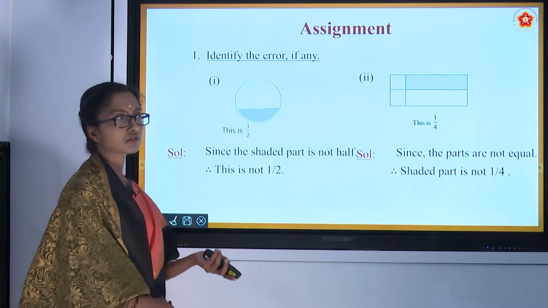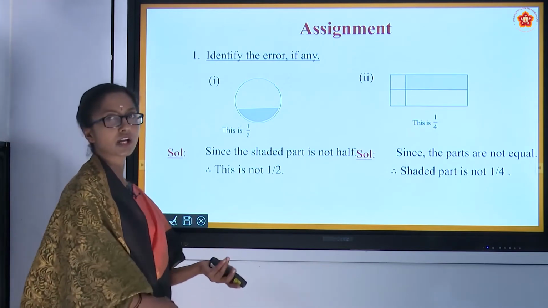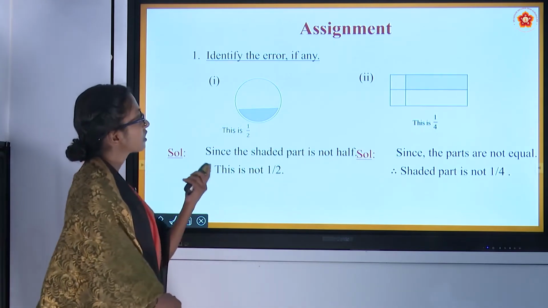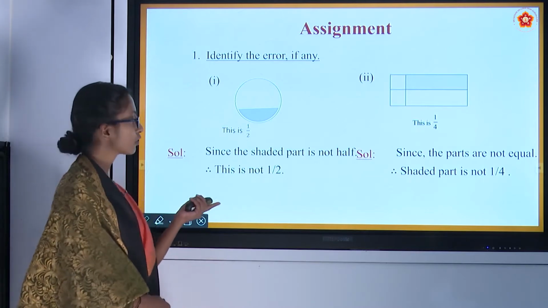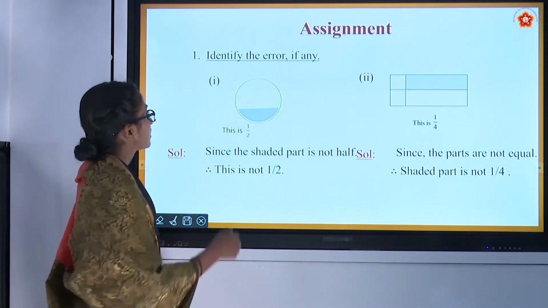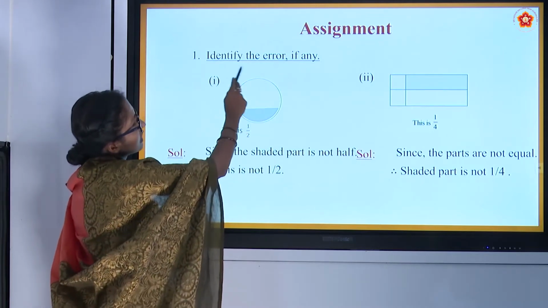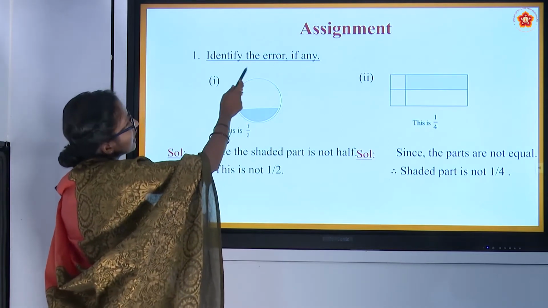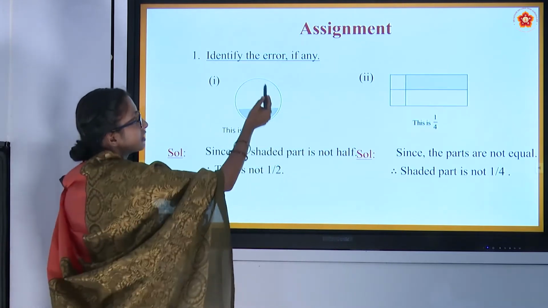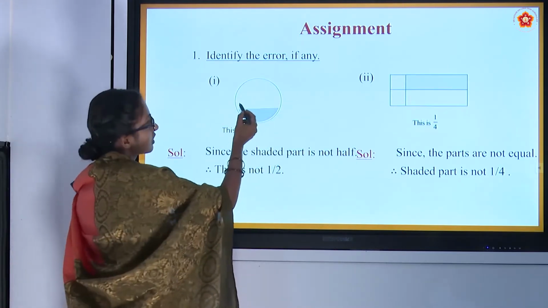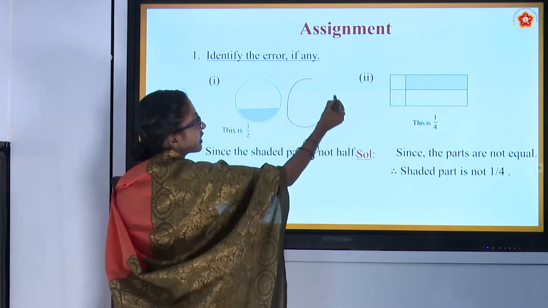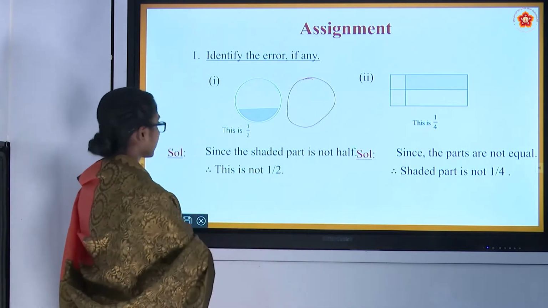Before going to some other types of fraction, in the last class I gave an assignment. We will look at the answers for that. Consider the first figure. They are asking us to identify the error, if any. This is the whole thing, like this, approximately I can draw.